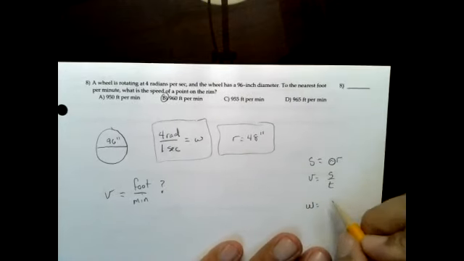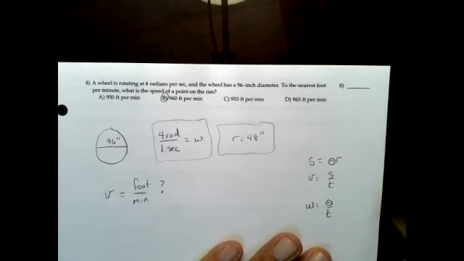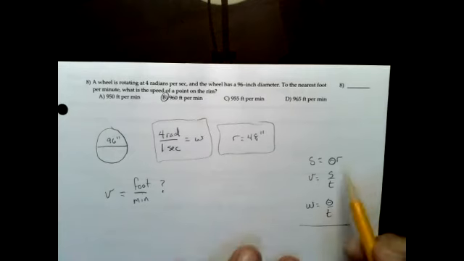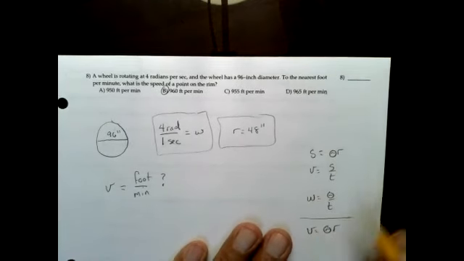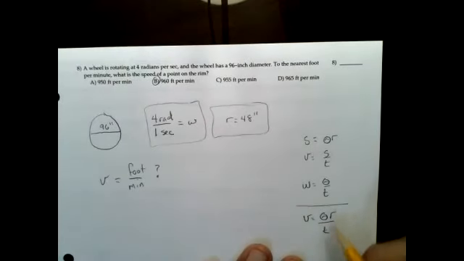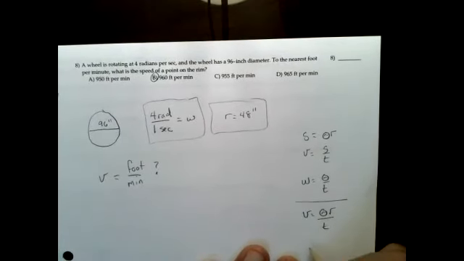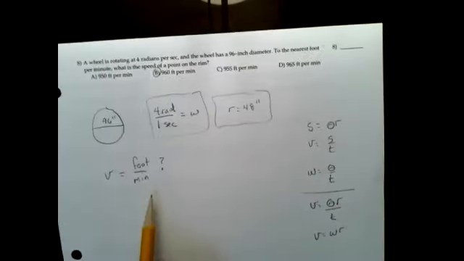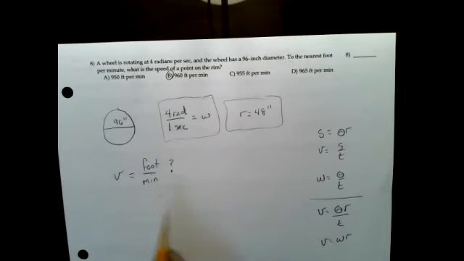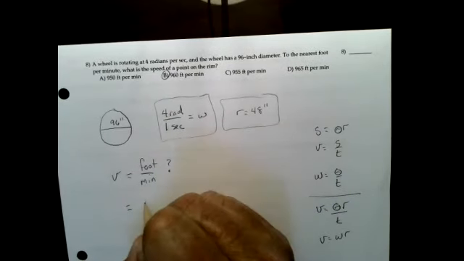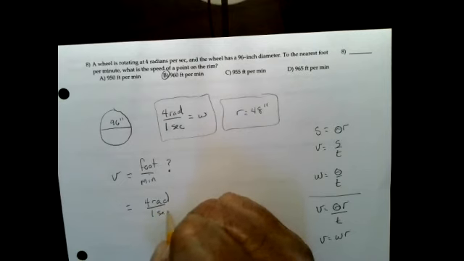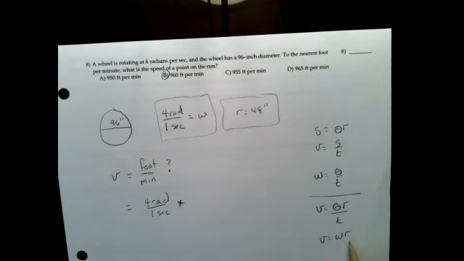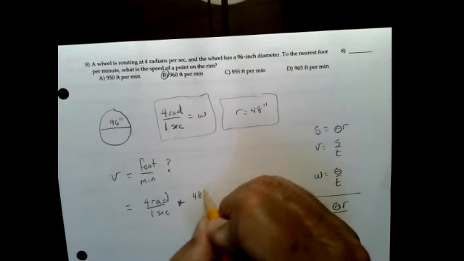W was angle measure over T. And instead of the S, I'm going to put theta R over T. Then I can pull the theta over T out. V equals W R. So when I want to find V in feet per minute, I'm going to use my W, 4 radians per 1 second, times my radius, 48 inches.